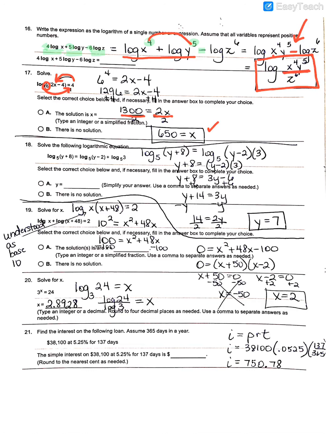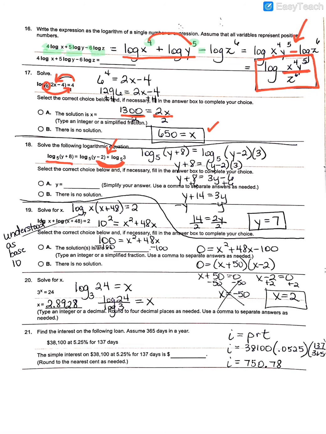You're also solving on number 18. When we're solving log equations, you have to get a single log, in this case on both sides. So I'm not going to do anything on the left side since it's already a single log, but notice on the right-hand side, those 2 logarithms are being added. And as we mentioned above, anytime logarithms are being added, you're going to multiply their terms together.